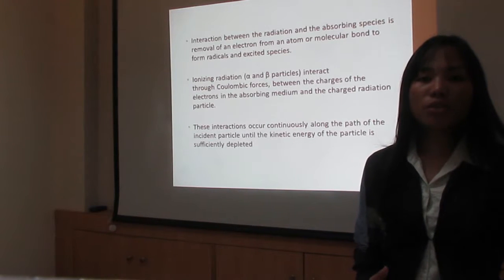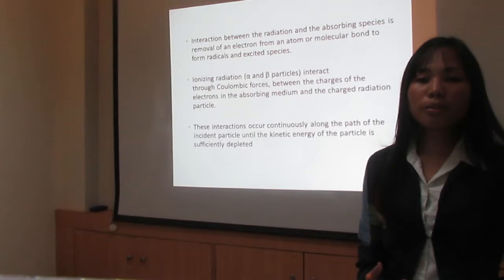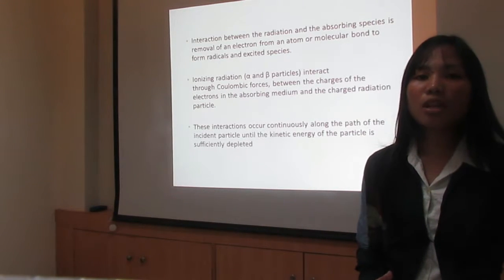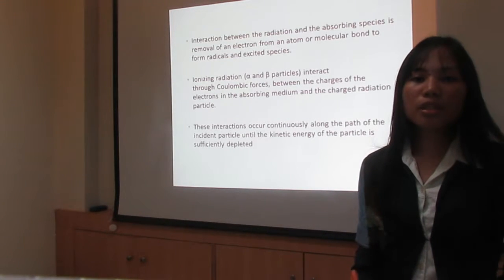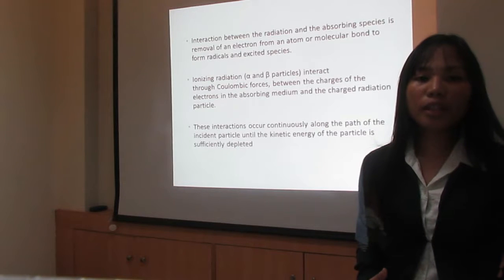Charged radiation species such as alpha and beta particles interact through Coulombic forces. Coulombic forces are the electrostatic forces between the charges of the electrons in the absorbing medium and the charged radiation particle.